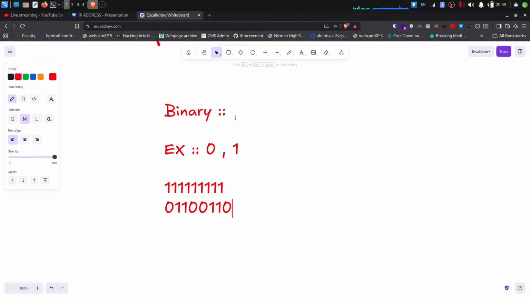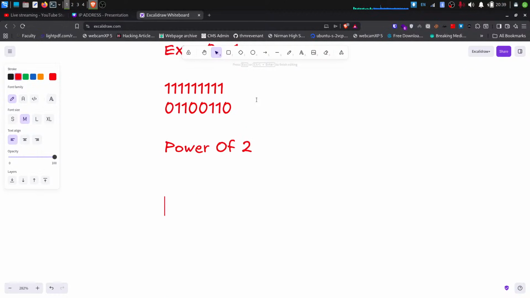It works on the power of 2. Now we'll learn how to convert a binary to a decimal.